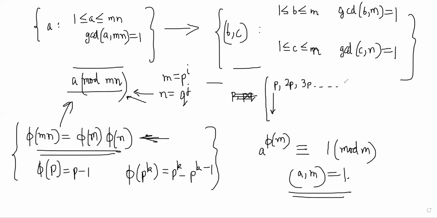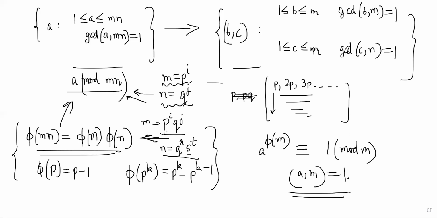Yeah, so direct counting, what you're trying to do may work, but the problem will be that you'll have to take so many cases, right? If m is p to the i, q to the j, and n is r to the s, t to the u, where r and t are also prime or something, it will be more annoying and difficult to prove because there are so many cases.